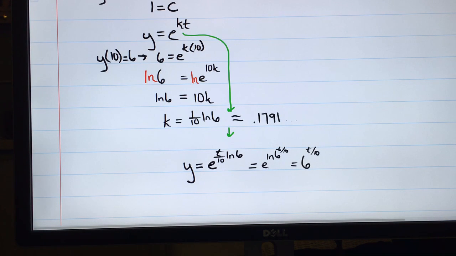And so e and natural logarithm will cancel out. So we have 6 to the t over 10, or putting it in general terms, this will be about e to the 0.1791 or 92 times t.